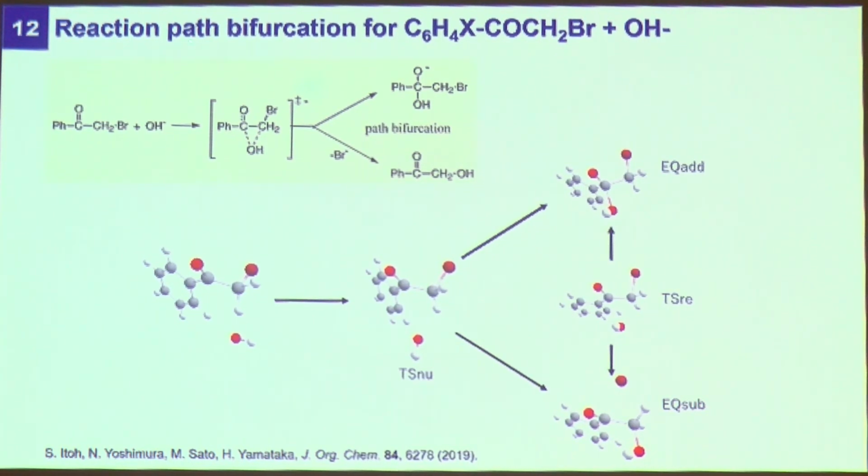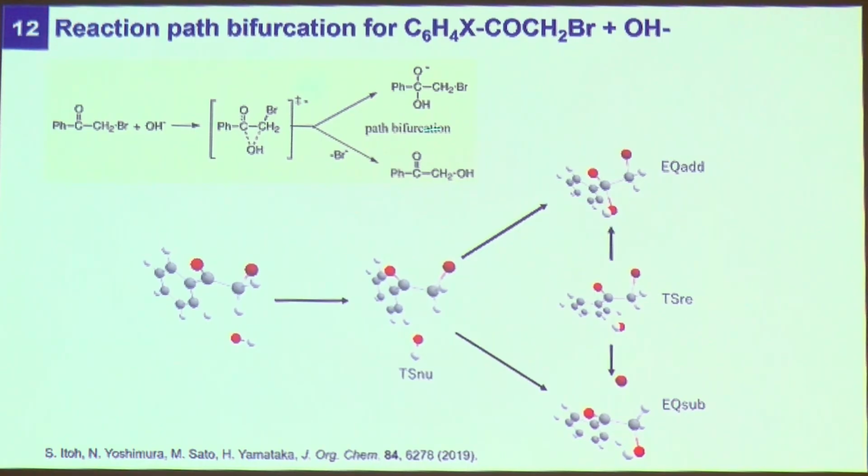So I show an example. This is the reaction of phenyl CO CH2 Br plus OH minus, and this transition state, and two possible products. So OH attacks the right carbon or the left carbon.